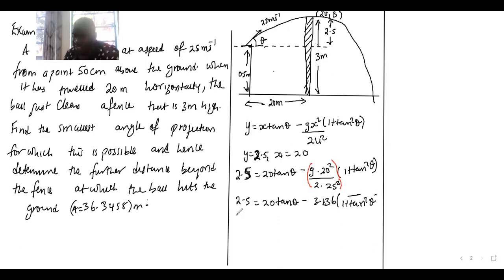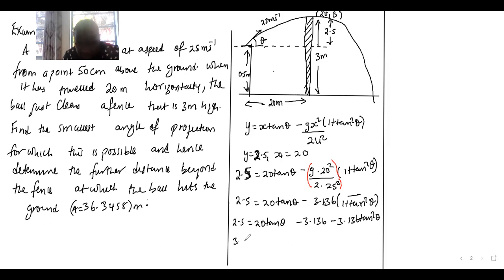So we can form a quadratic in tan. This will be 2.5 is equal to 20 tan of theta minus 3.136 minus 3.136 tan squared of theta.